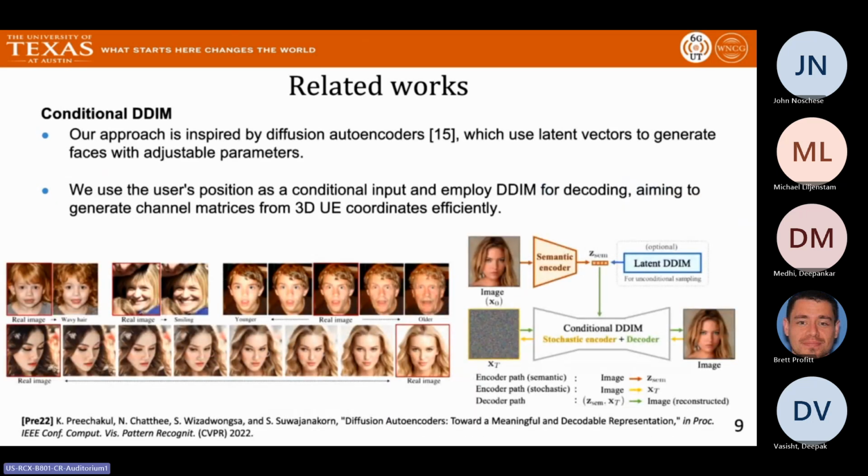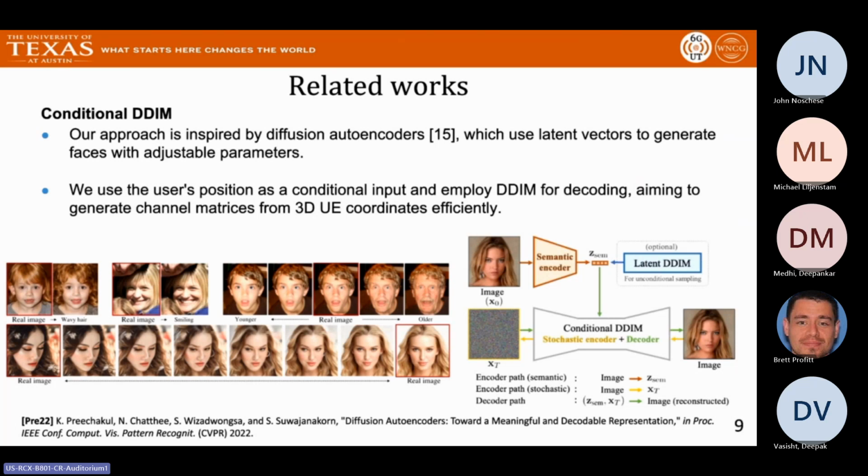Yeah, so the model that we use is conditional DDIM, and DDIM is one of the models in the diffusion model family. What we want to do is use latent vectors to generate the channel. This is the previous work that was done on human faces. As you can see, there's a semantic encoder. If we put the image in as an input, the semantic encoder makes the latent vector, and that latent vector is given as the conditional input.